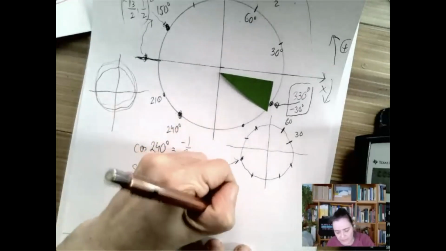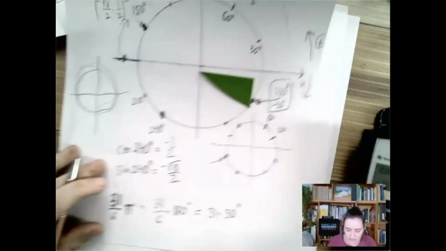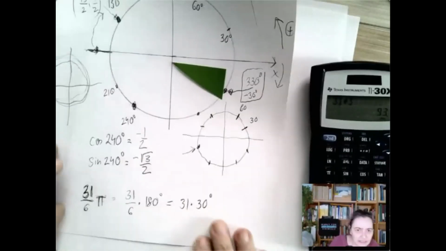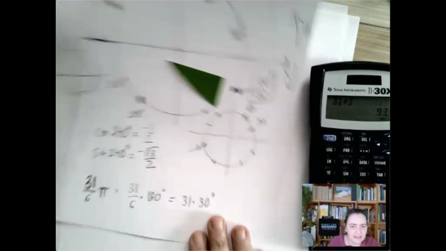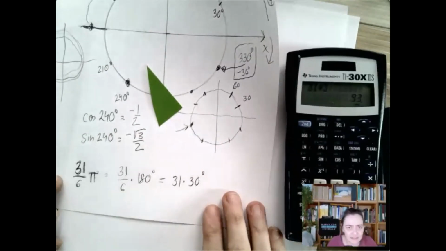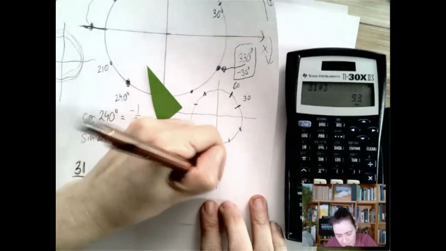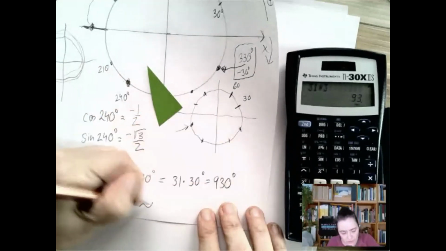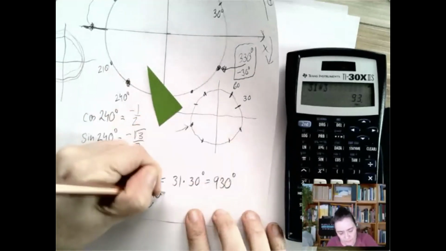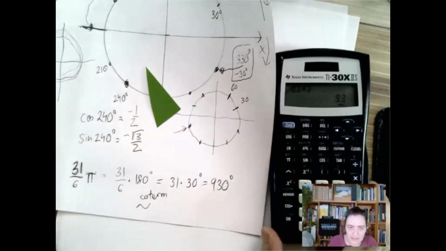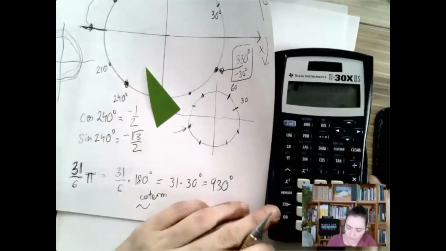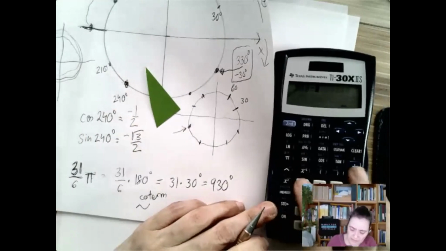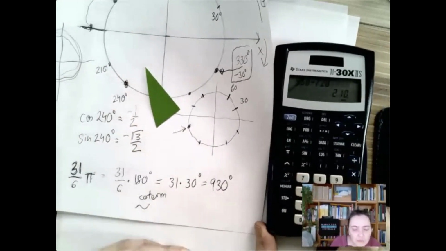It's 31 times 30 degrees, which is 930 degrees. I did not need a calculator for that, did I? 930 degrees, which is coterminal to, let's subtract 720, 930 minus 720, 210.